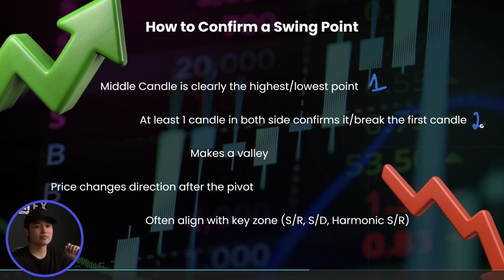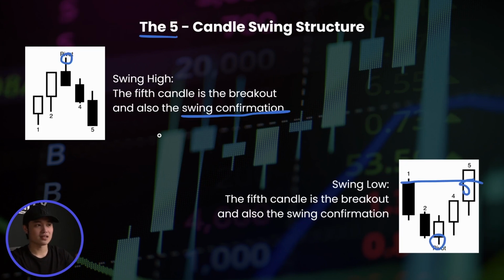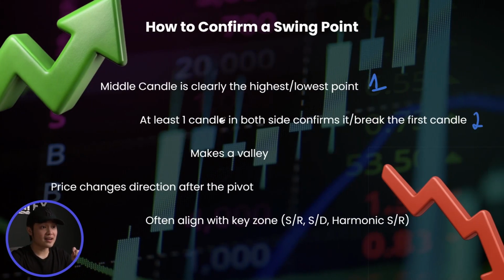Okay, next let's go to the second one. The second one is at least one candle on both sides confirms it or breaks the first candle. Let's move to the last slide. Here it says at least one candle on both sides confirms it and breaks the first candle.